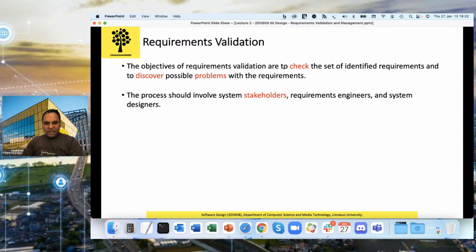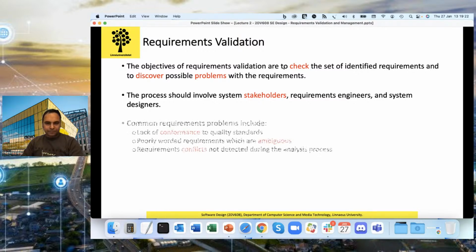In the requirements validation step, you should also involve different stakeholders, requirements engineers, designers, and so on, so that each of them can have their voice to discuss or validate the requirements.